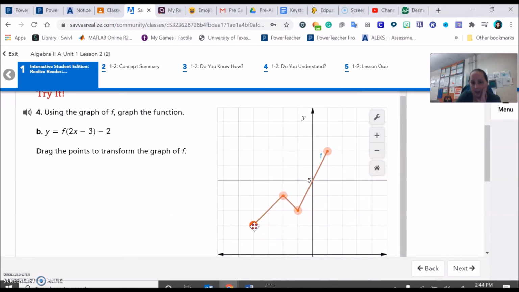Okay, so doing that, I can compress it by 2. Okay, so there's my compression.